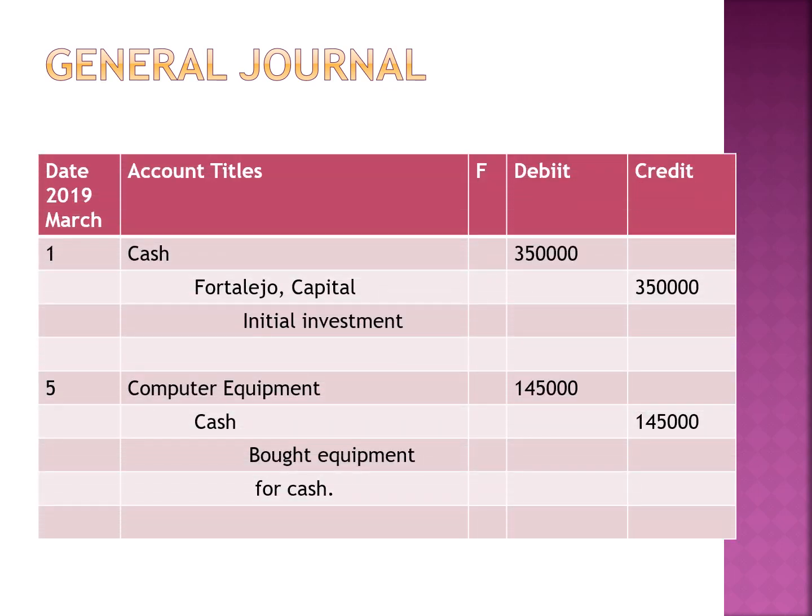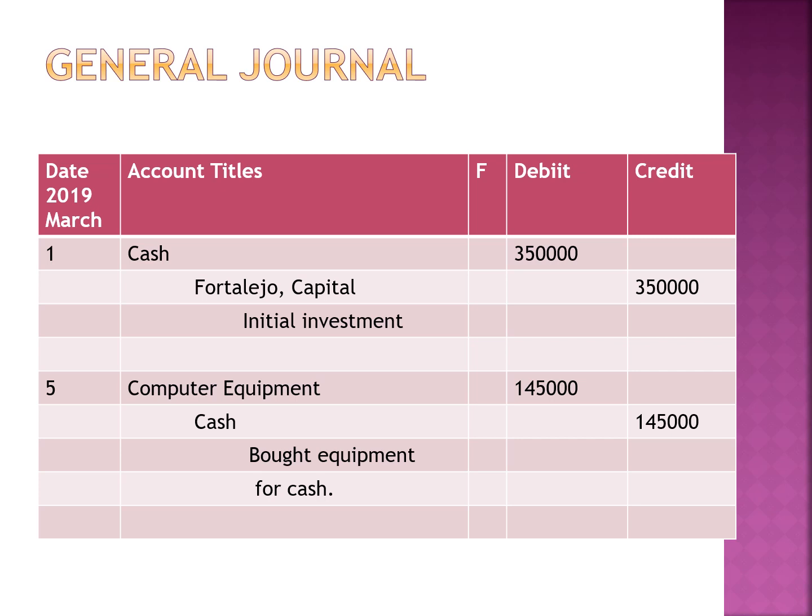So to prepare the general journal, those account titles that we debit and credit, actually, if we are only trying to answer what is being asked, that is, what is the debit and what is the credit, we can have that. But the books of accounts, which is the general journal, actually has this format. So we have the date column, the account titles column, the folio, the debit amount, and the credit amount.